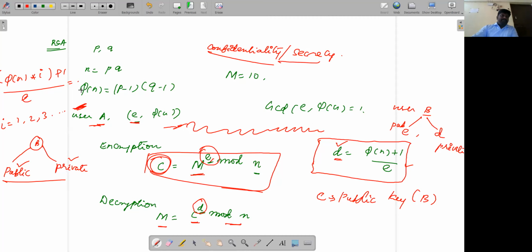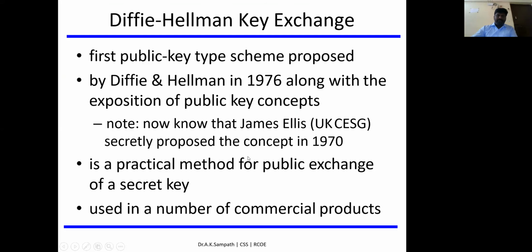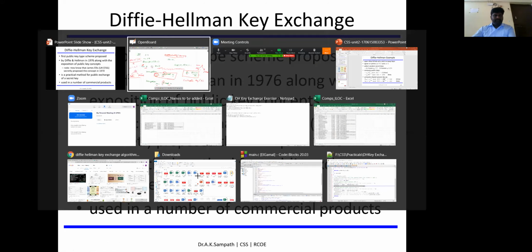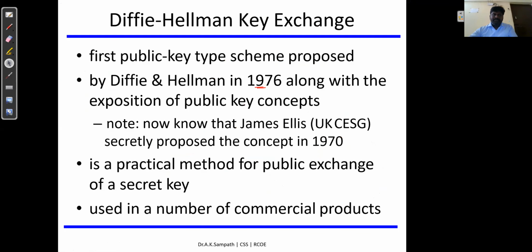Okay. So with this, we'll move to the actual explanation, which is the Diffie-Hellman key exchange algorithm.